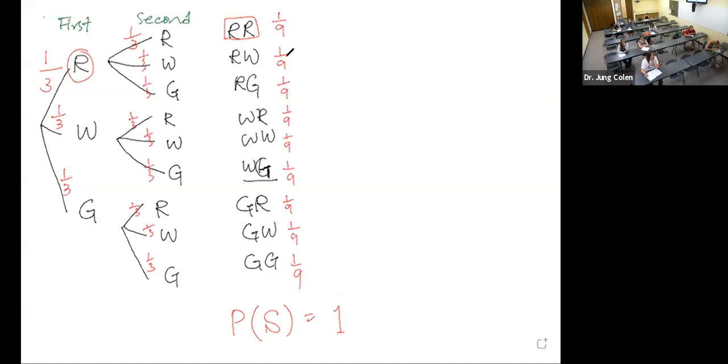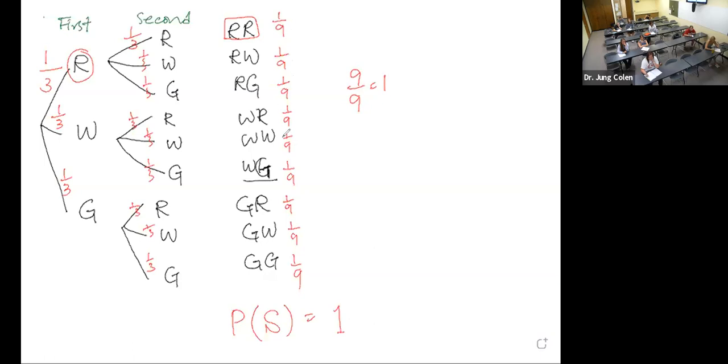So 1/9 plus 1/9 plus 1/9 plus 1/9. How many do I have? 9 of them. 1, 2, 3, 4, 5, 6, 7, 8, 9. So if we add all of these together, it's 9/9, which is 1. So that's how you check, okay?